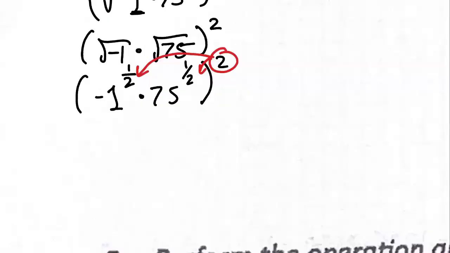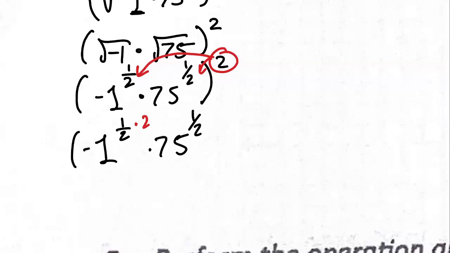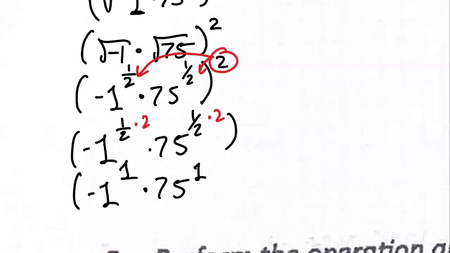So you'll have -1 to the 1/2 times 2, times 75 to the 1/2 times 2. 1/2 times 2 is just 1, and 1/2 times 2 is also 1.